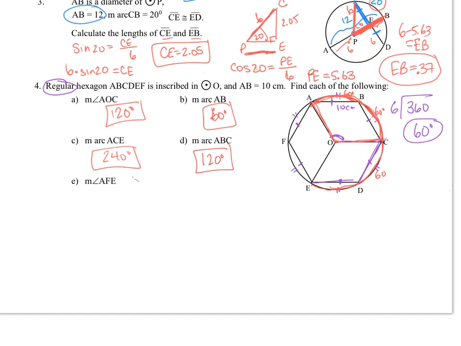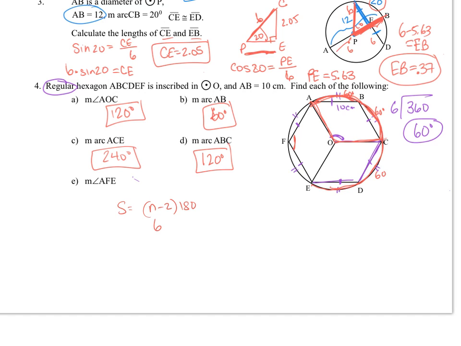And the measure of angle AFE. That one in there. For this one, we can use what we've learned in the past, that the sum of the interior angles of a polygon is equal to n minus 2 times 180. In this case, I have 6 sides.